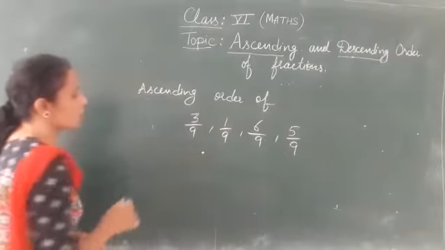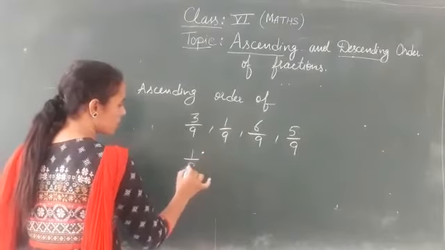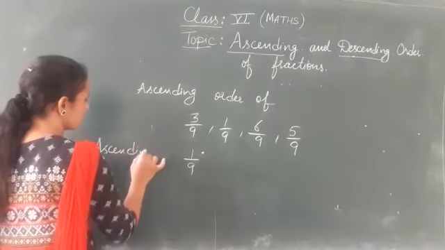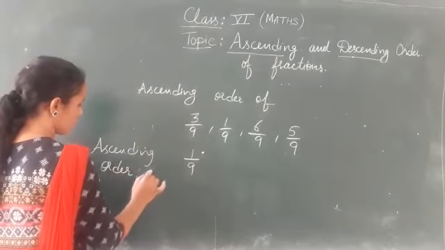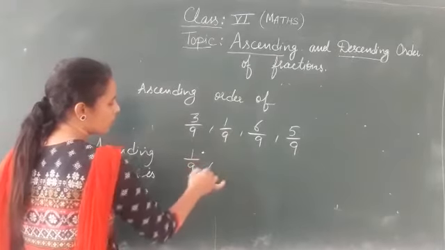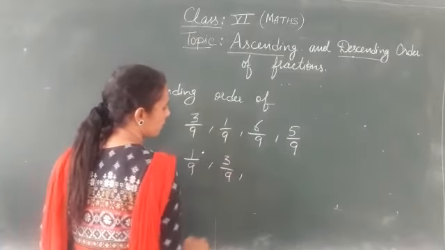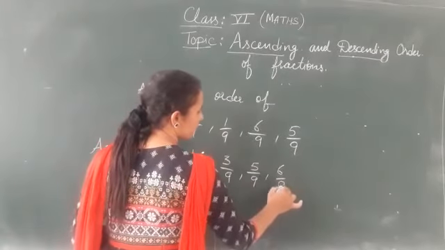With the help of numerators, you will write the ascending order. So it means firstly the smallest one will come. So ascending order will be: smallest is 1 by 9, after that 3 by 9, then 5 by 9 and then 6 by 9.